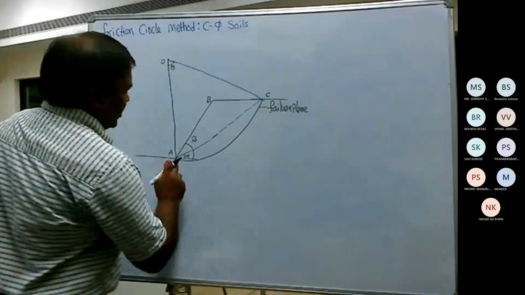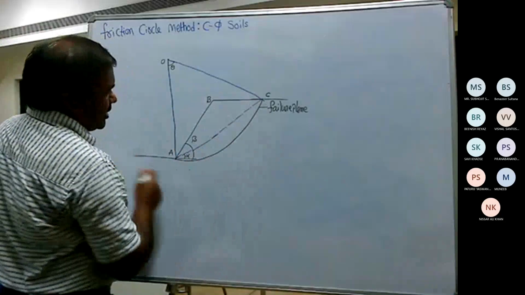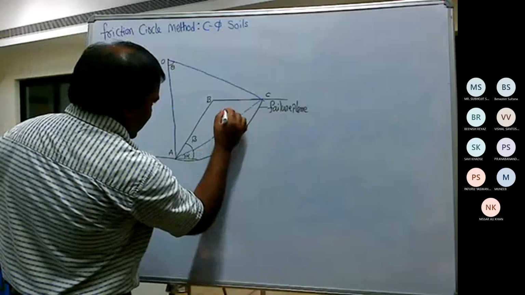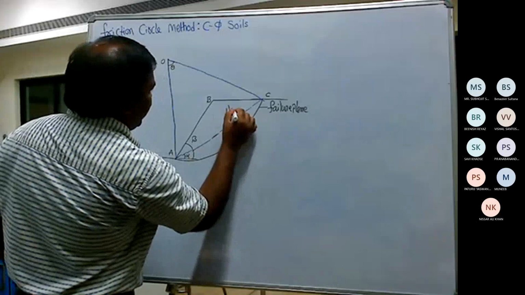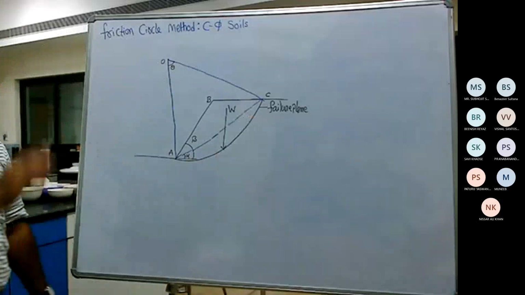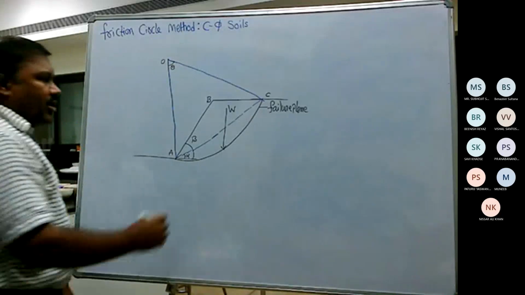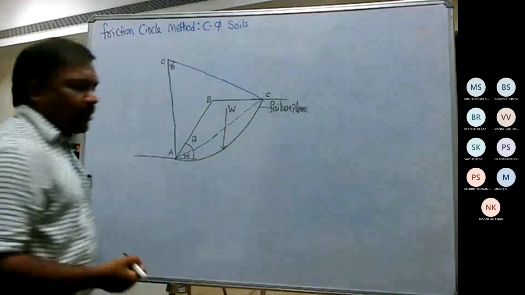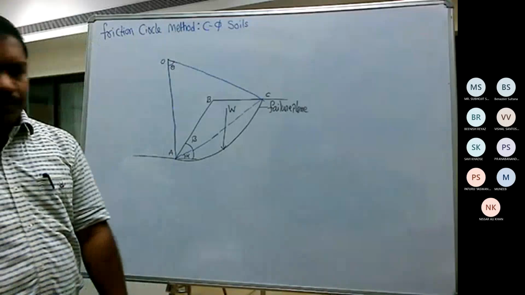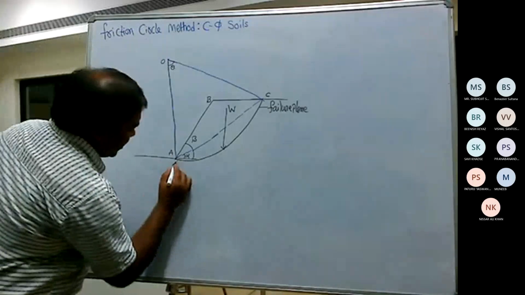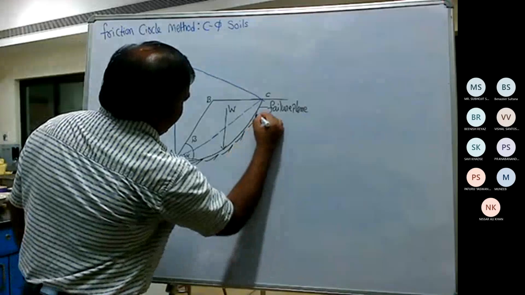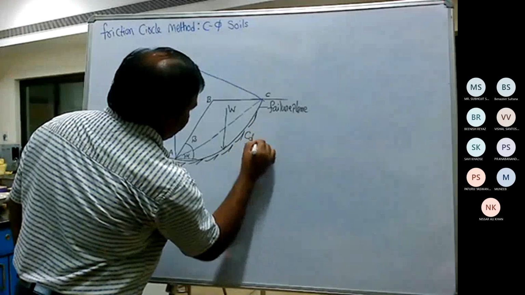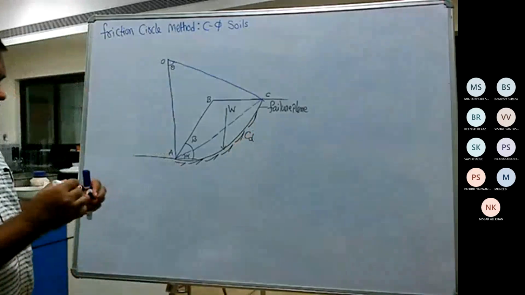Here I have taken the geometry A, B and C. Suppose I take its weight as W. So this is the weight of the soil geometry A, B and C. Now you know W acts as a driving force, while there is a resisting force, in the form of shear strength that develops all along the failure plane.